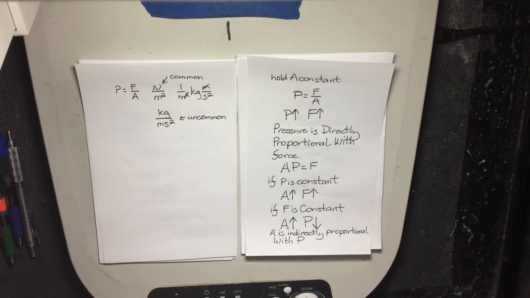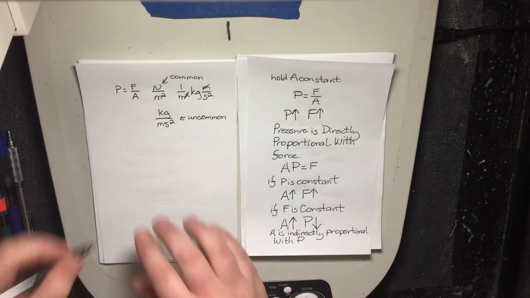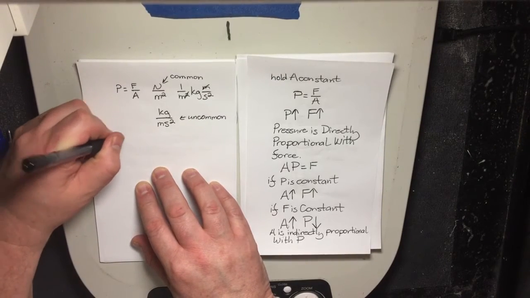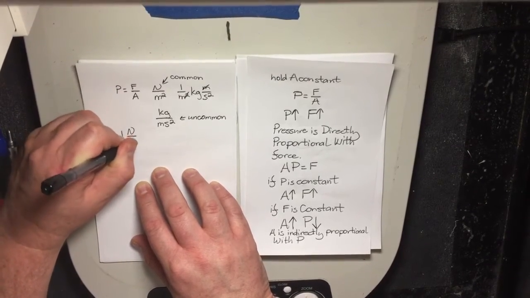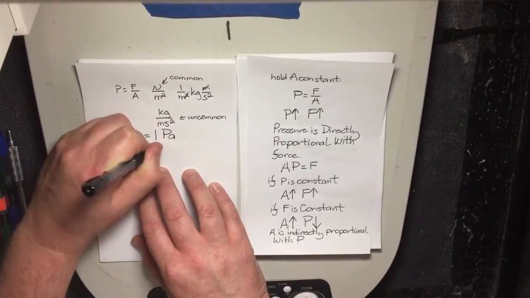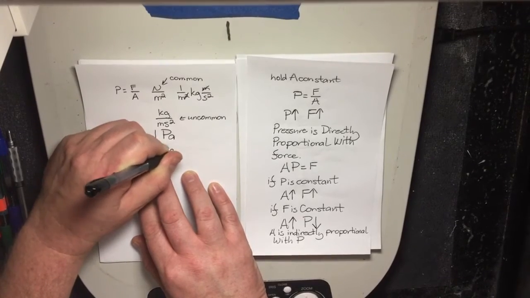And just like we have the Newton, and Newton is a kilogram meter per second squared, it's a shortcut way of taking a group of units and squeezing it down into a common one-fits-all type of unit. Pressure has its common units as well. 1 Newton per meter squared is equal to 1 Pascal.